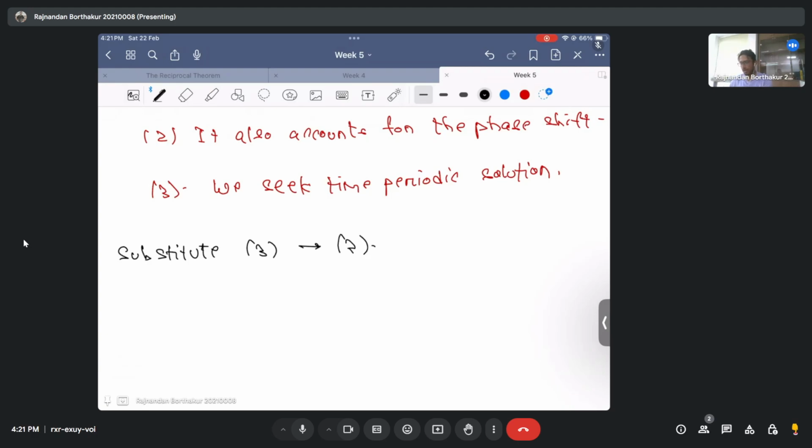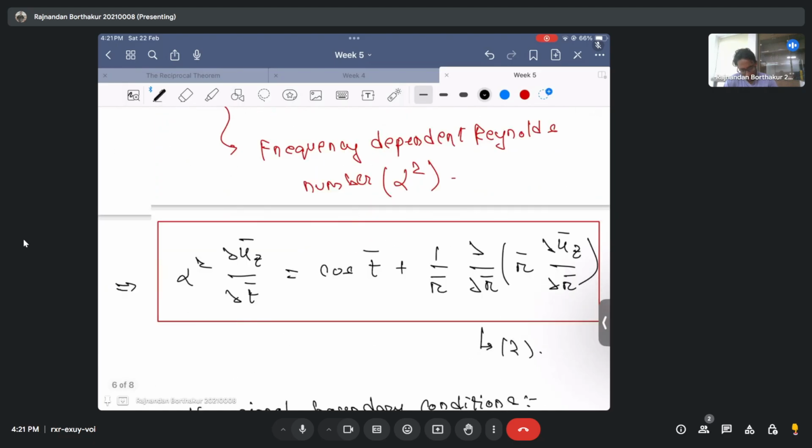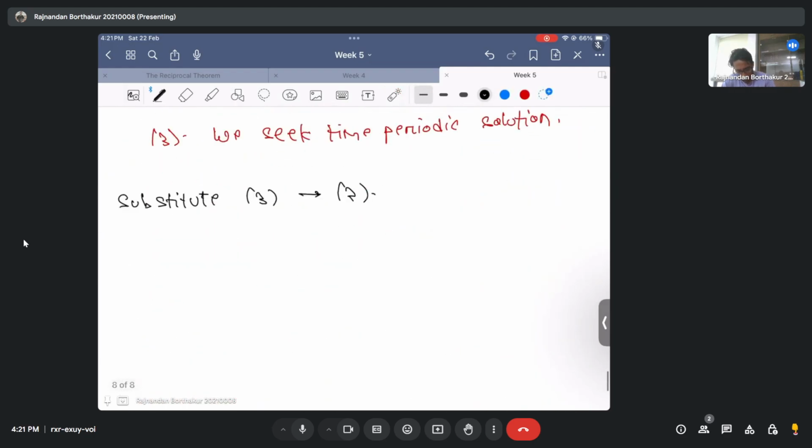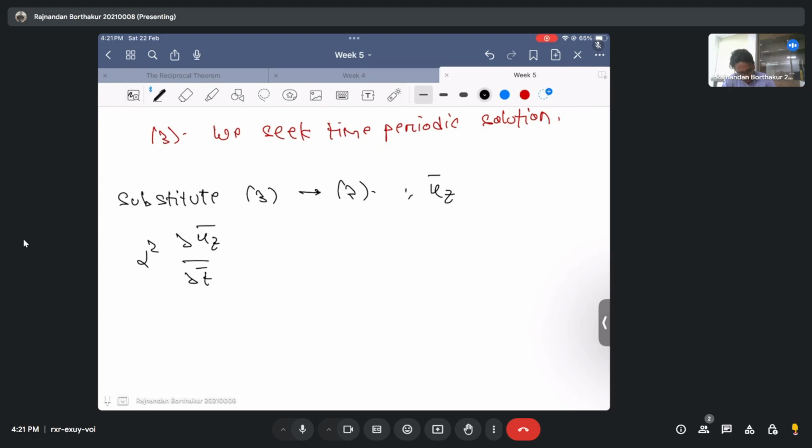And if you do this substitution, let's see what we get. So the first term is alpha square del uz bar by del t bar. I know that my uz bar is equal to the real part of u hat of r bar e power i t bar.